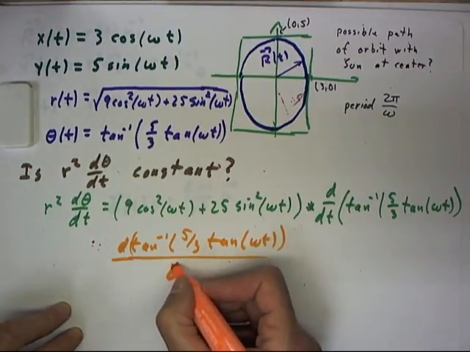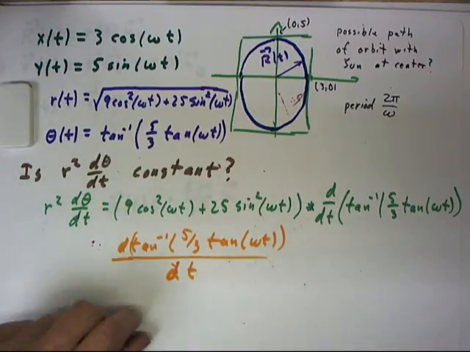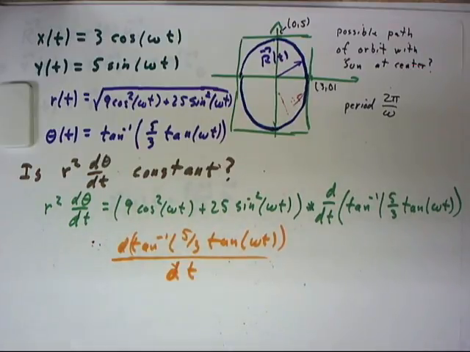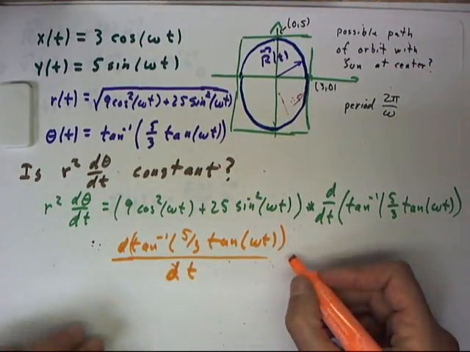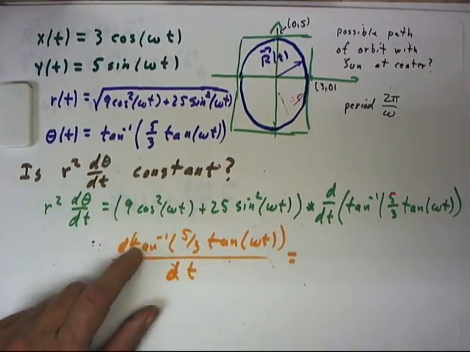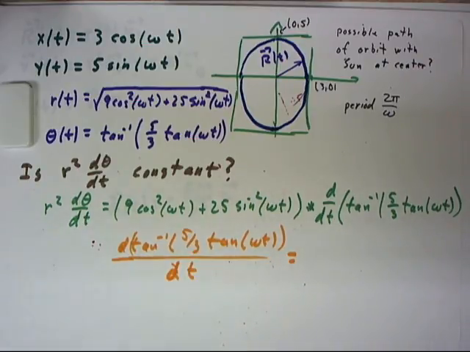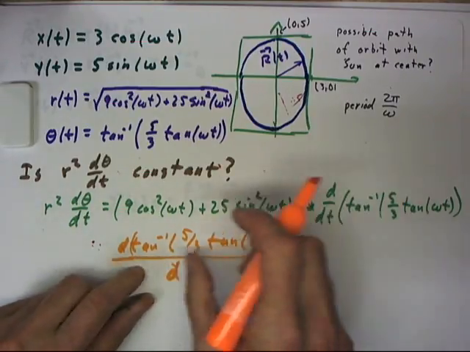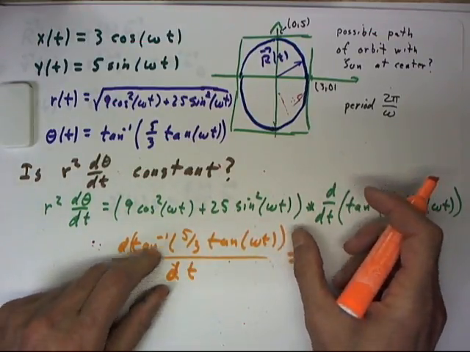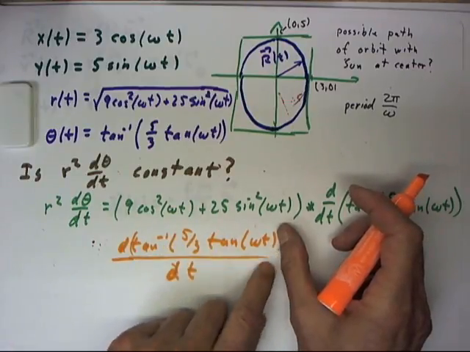I'm writing a partial derivative sign, but there's only one variable. So the derivative with respect to t of this expression equals what? Well, the derivative of the arctangent of t with respect to t would be 1 over 1 plus t squared. Unfortunately, this isn't just the arctangent of t, it's the arctangent of another function of t.